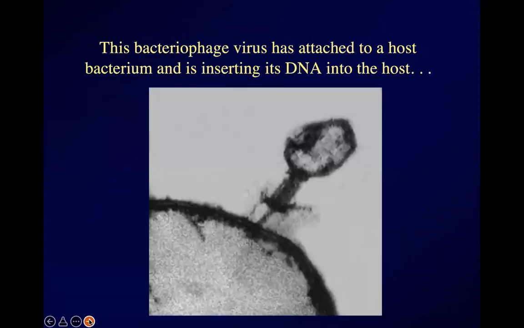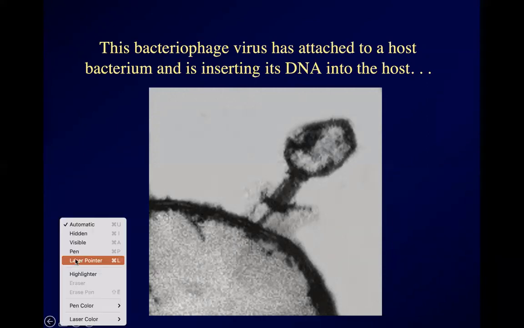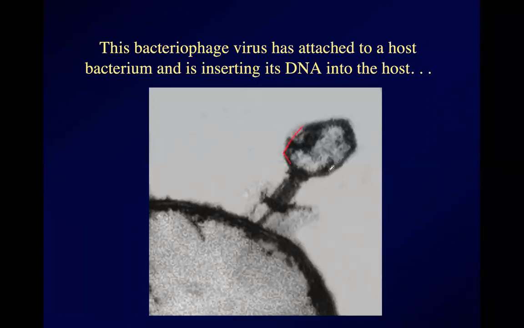Okay, here's another electron micrograph. This is a picture of a bacteriophage virus that has latched onto a host bacterium and is inserting its DNA, in this case, into the host. There's that 20-sided die-shaped head, and there's that shaft with the tail plate, and there are those fibers that the thing is using to attach to the host cell.